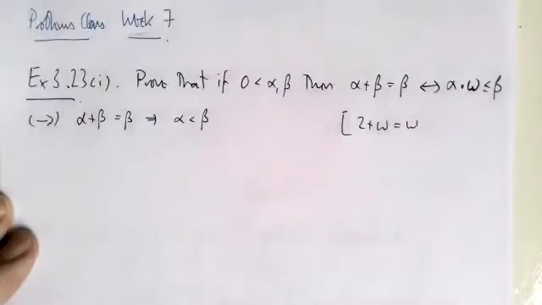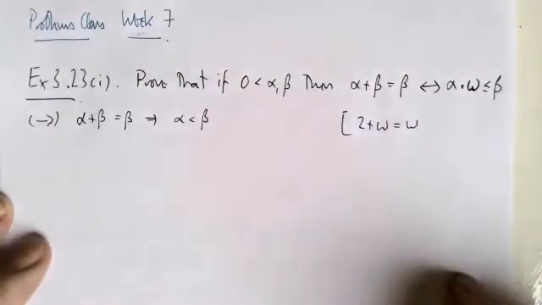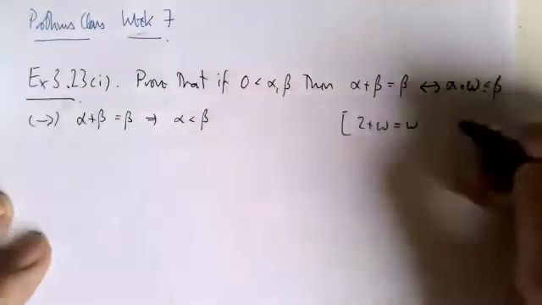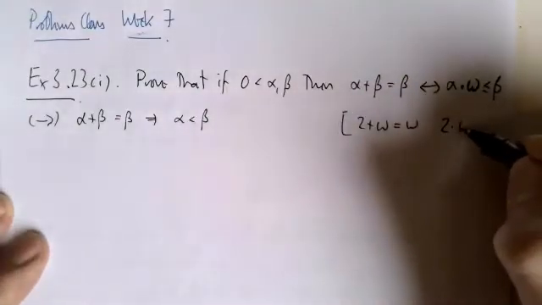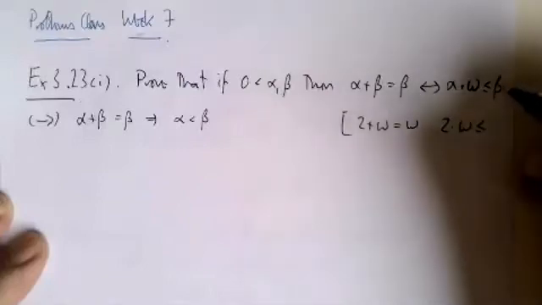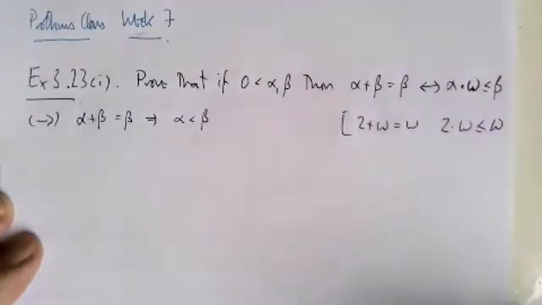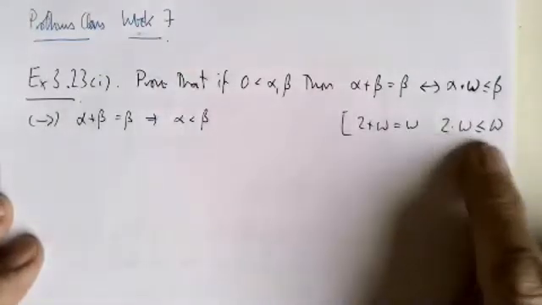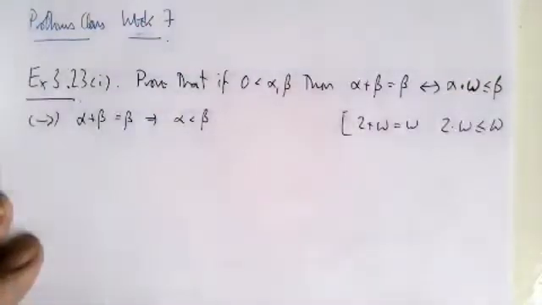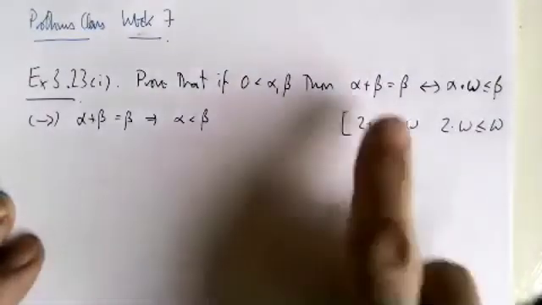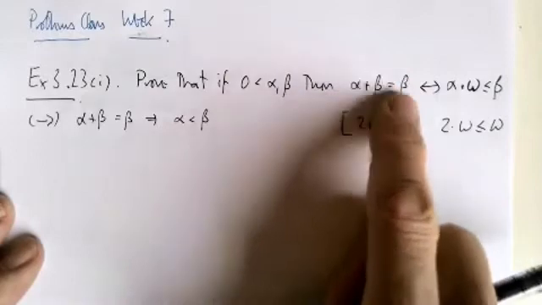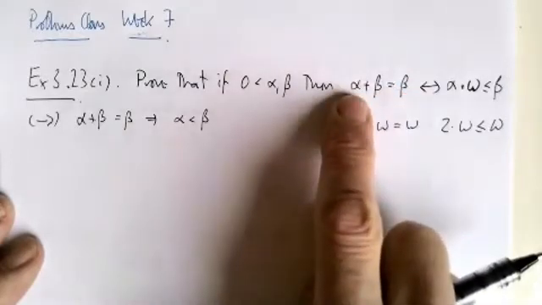Indeed, this would conform to the exercise: 2 times omega is indeed less than or equal to omega. In fact it equals omega, so this inequality is borne out. So what we've got is a smaller thing being added to a bigger thing, and it's so big that it absorbs the smaller thing.